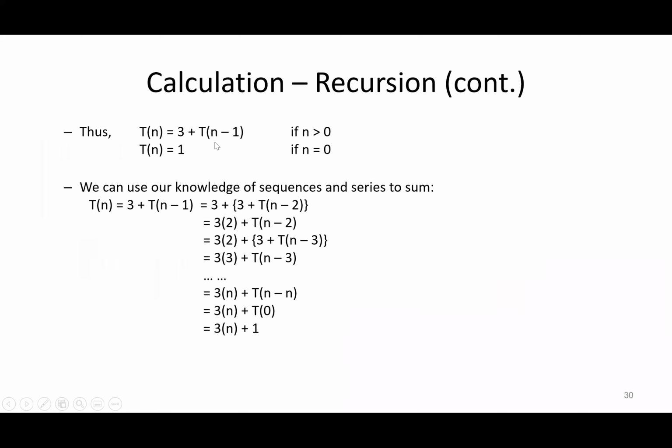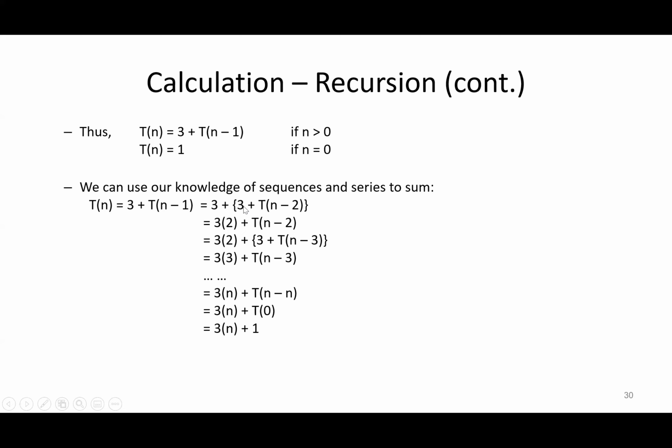In order to know what this T(n-1) is, we can use the knowledge of sequences and series to sum. Where this 3 plus T(n-1), we can expand this part here: 3 plus T(n-2).